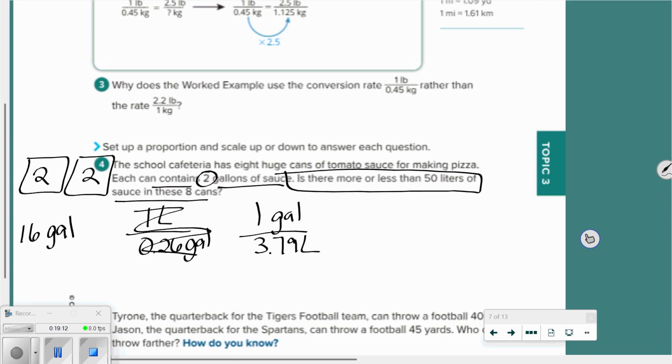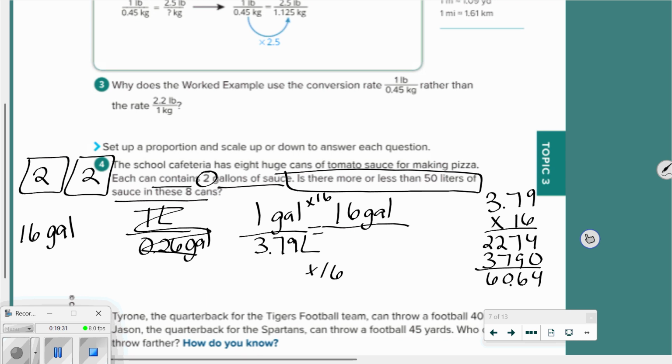So we don't need this one. We need this one. Does that make sense? So what am I doing to get to 16 gallons? Times 16. So I am multiplying this times 16. Give you about 30 seconds to figure out that answer and tell me, is it more or less than 50 liters? All right. What'd you get?